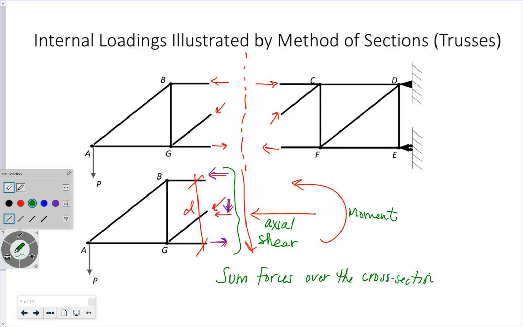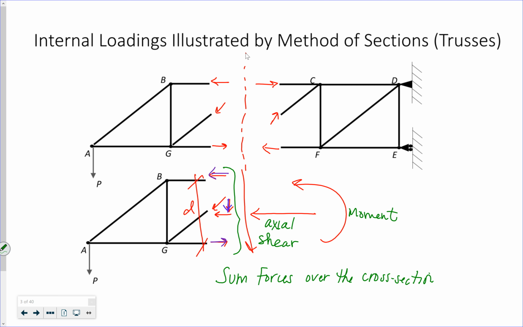So if I look at the section of the truss as a complete cross section, not just as individual members, I notice I have three types of internal forces. An axial force acting along the length, which would be in the x direction in this case.